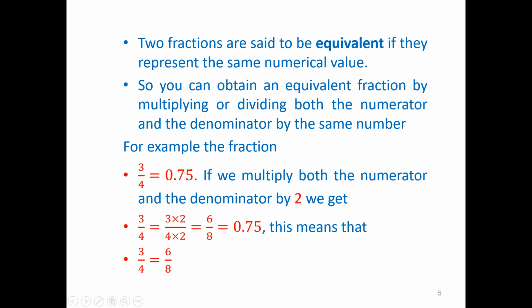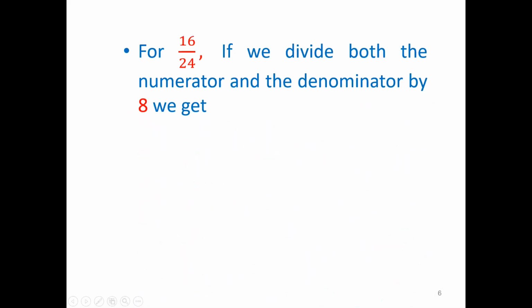So if you want to obtain from a fraction another equivalent fraction, you have to multiply both numerator and denominator by the same number, or sometimes we can divide both the numerator and the denominator by the same number. As an example, let's say 16/24.